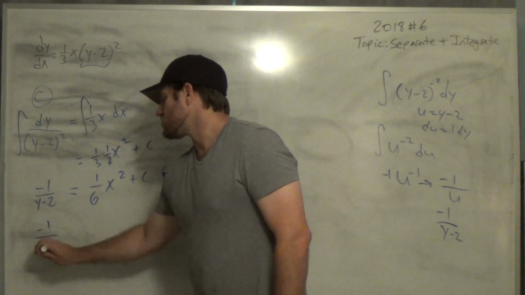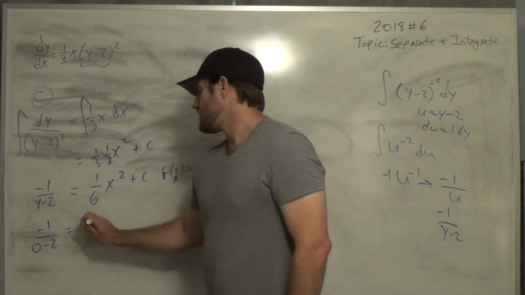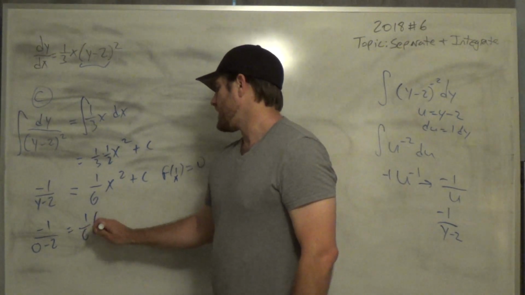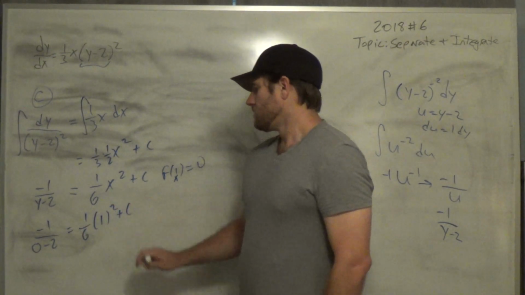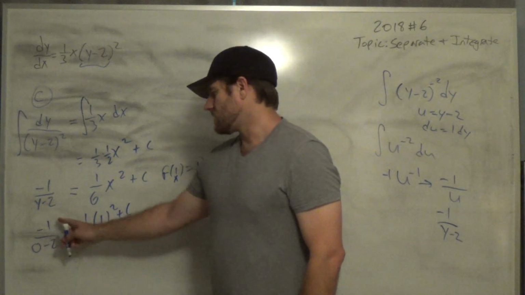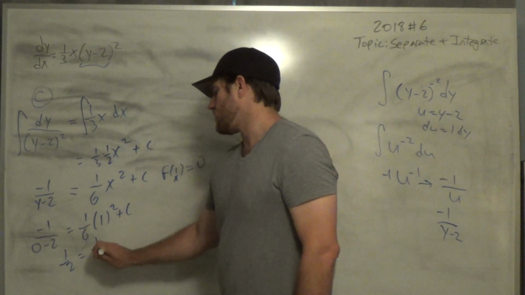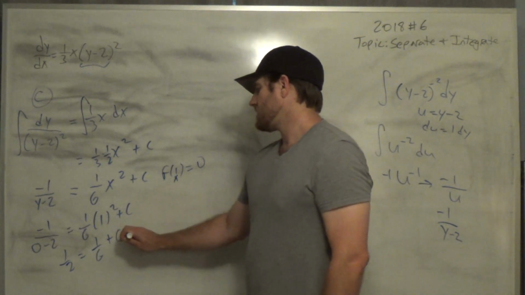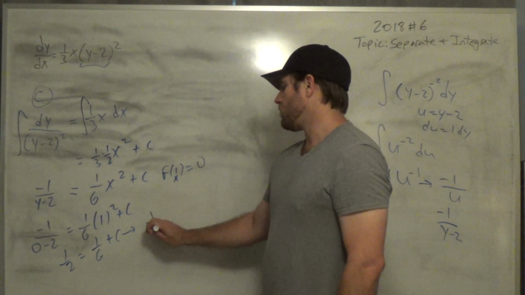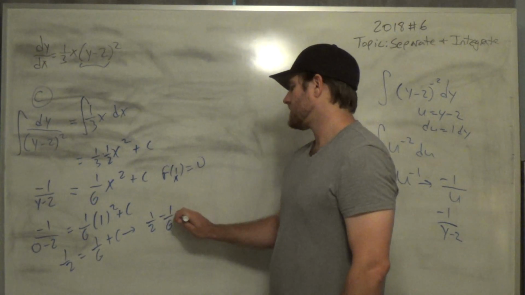So if 0 is your y, and 1 is your x, we can solve for c. So here this is negative 1 over negative 2, or 1/2. So we get 1/2 is 1/6 plus c. Therefore, c is 1/2 minus a sixth.